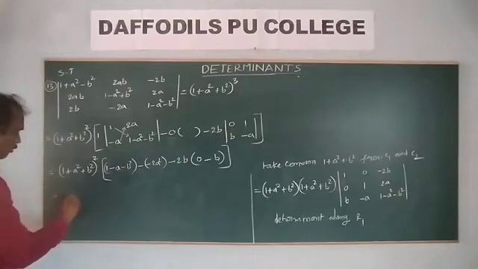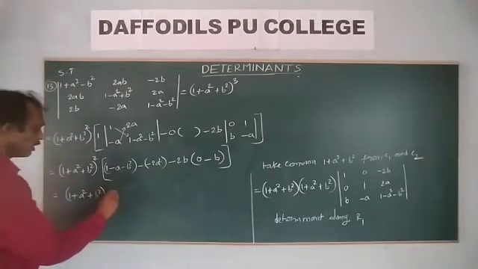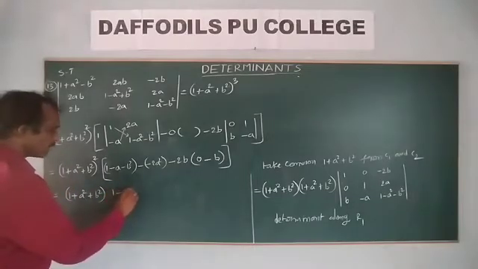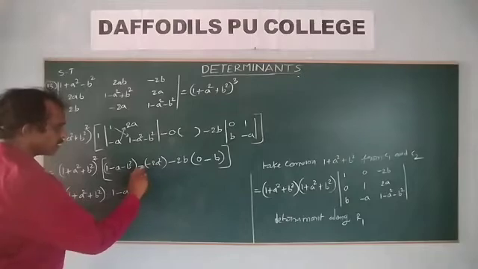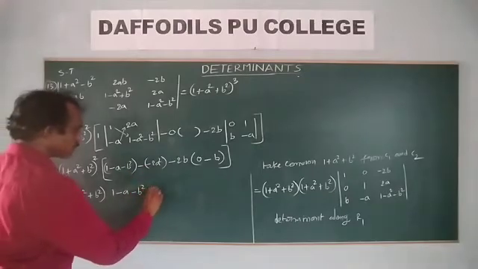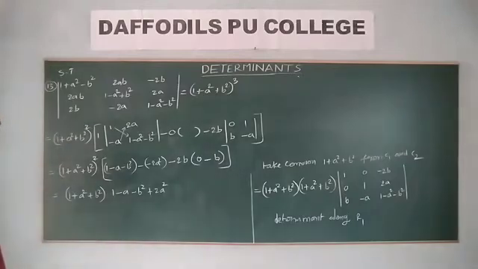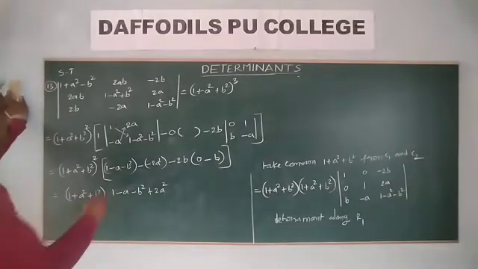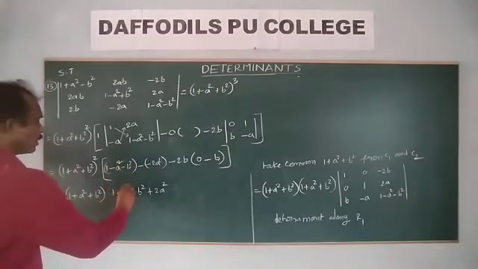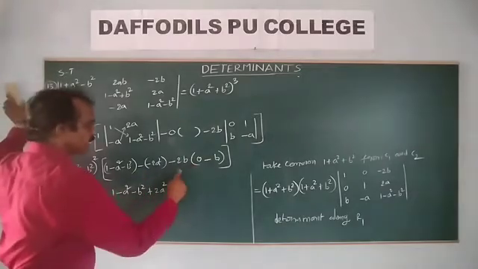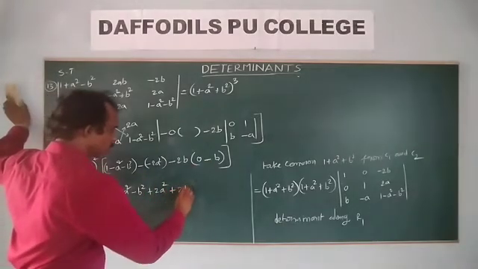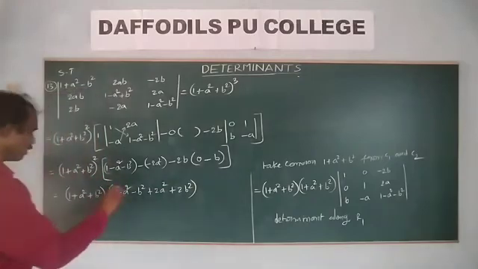Next term, 1 plus A square plus B square, 1 minus A square minus B square, minus into minus plus 2A square, and minus into minus plus 2B square.